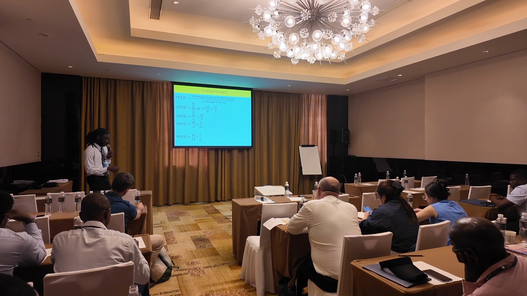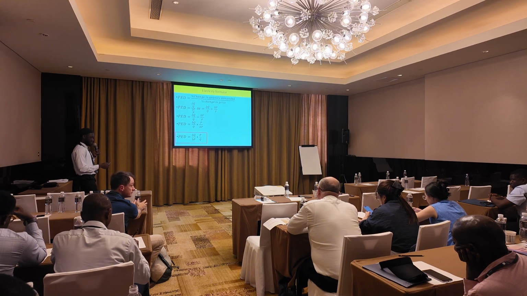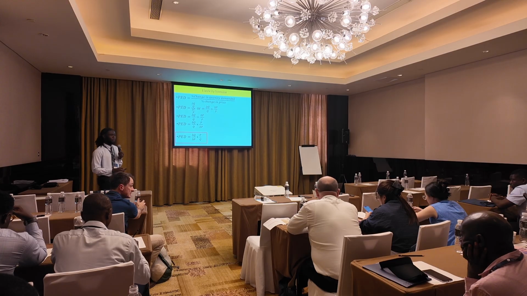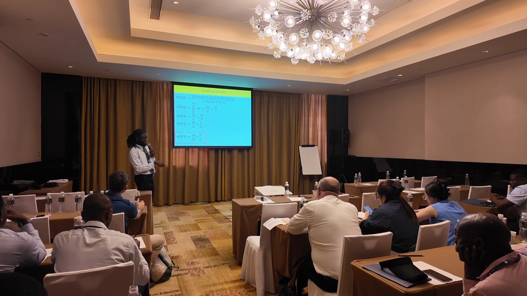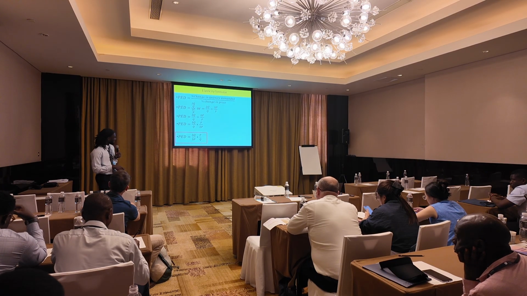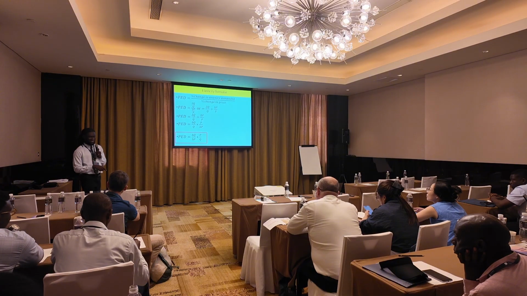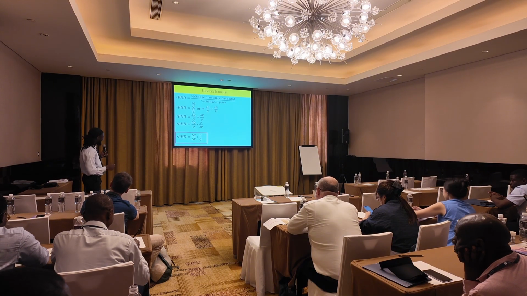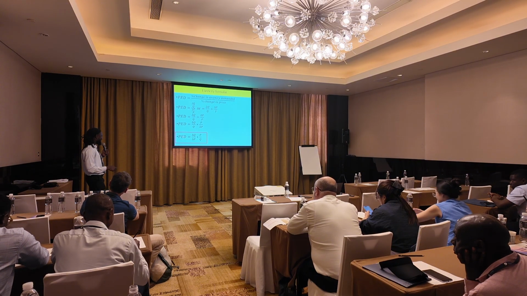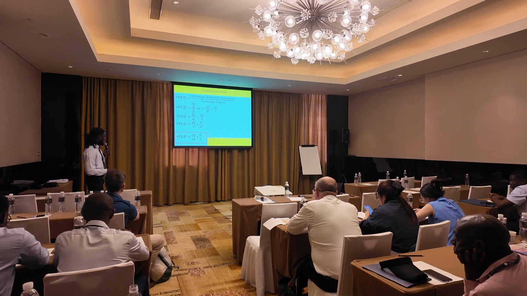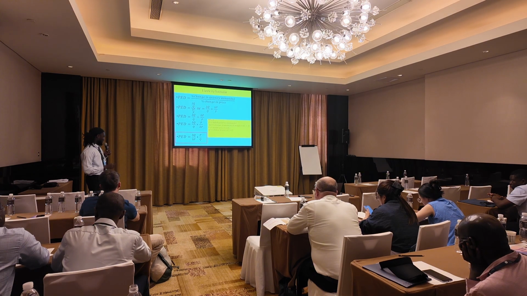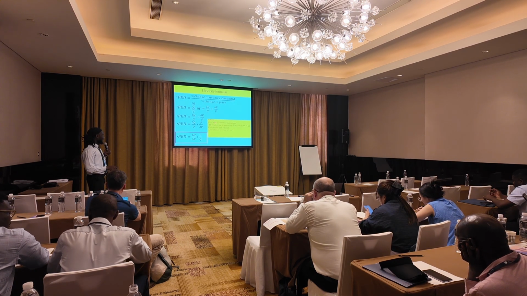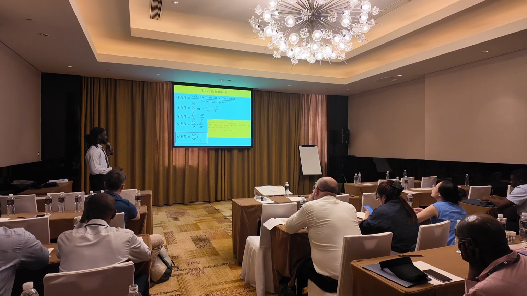Is that clear? We use it for the budget line and all that. Okay, so this is the third formula. It is important to take note that the Q is the initial quantity demanded.